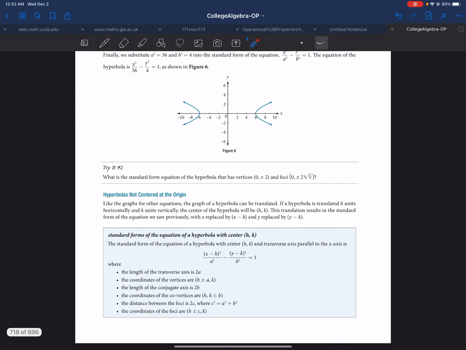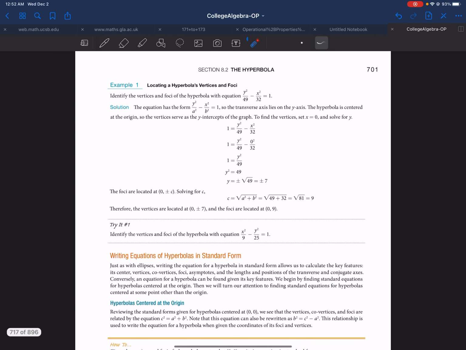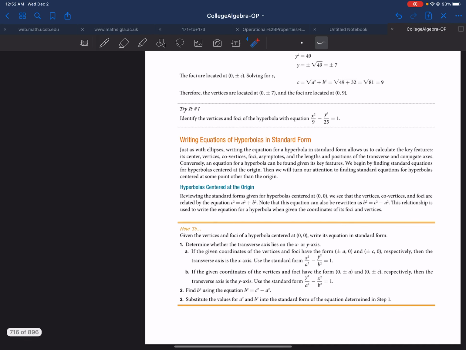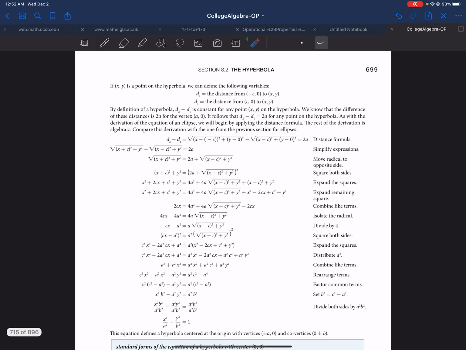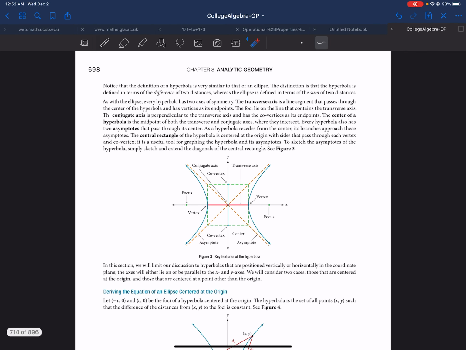then it says the transverse axis is parallel to the x-axis. So notice, in this case, the y gets the negative, and so it opens in the y, and the transverse axis, if we went back here, the transverse axis is a line segment through the center of the hyperbola and the vertices as endpoints.